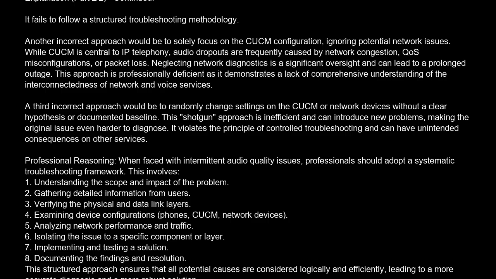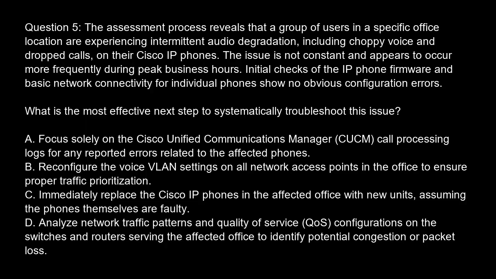Analyzing network performance and traffic, 6. Isolating the issue to a specific component or layer, 7. Implementing and testing a solution, 8. Documenting the findings and resolution. This structured approach ensures that all potential causes are considered logically and efficiently, leading to a more accurate diagnosis and a more robust solution. Question 5.